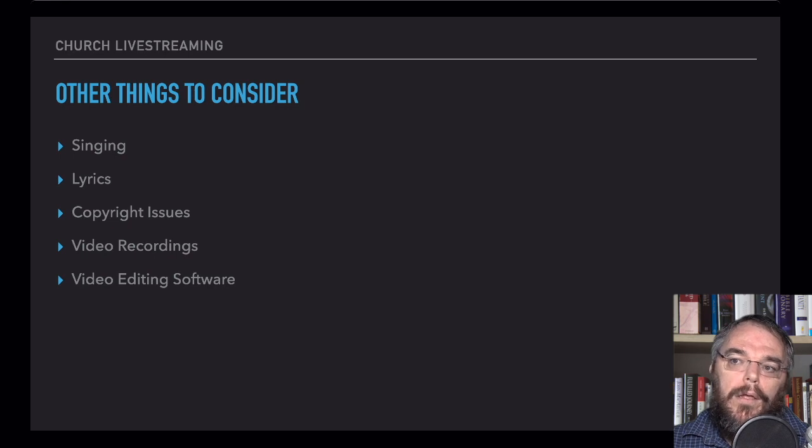Video editing software. If you want to actually make videos, you probably want to edit them, so you can maybe add something at the beginning, something at the end, cut out some of the talking before, and maybe some of the faux pas or whatever after the prayer when they're talking about stuff that isn't relevant to the sermon. So you probably want some video editing software to deal with that. There's some software that's free. If you have a Mac, you can use iMovie, which is free.